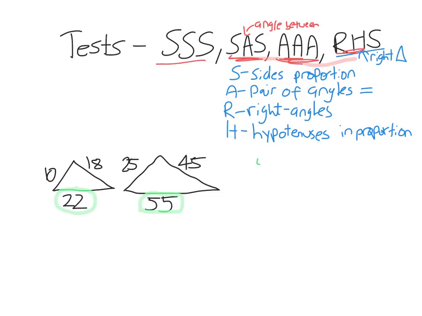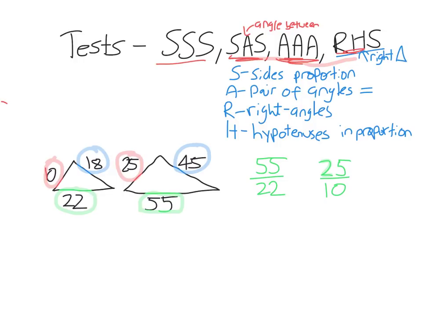So 55 over 22, and then we line up, say, the shortest side of each triangle. So 10 and 25. We want to see whether 55 over 22 is the same as 25 over 10, and then we want to see if that is the same as 45 over 18.